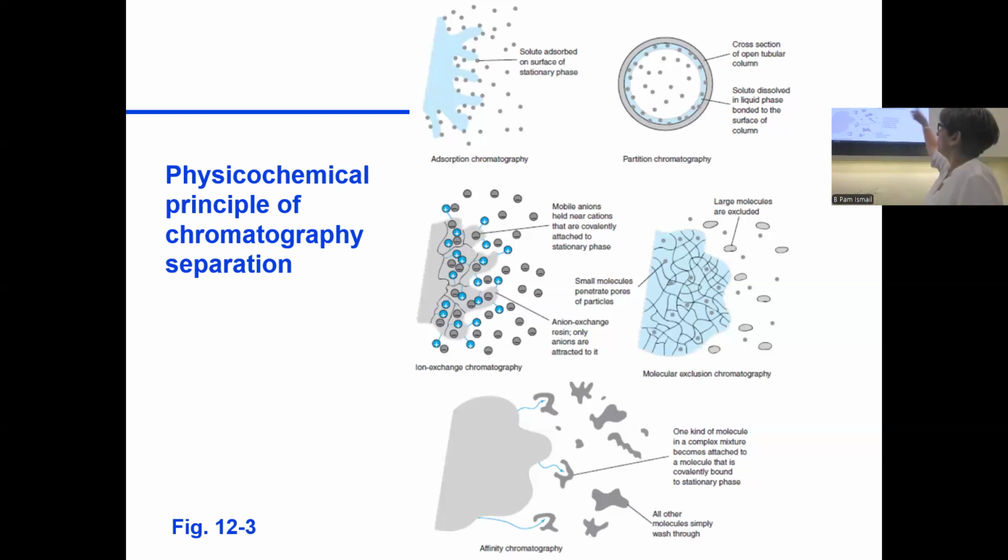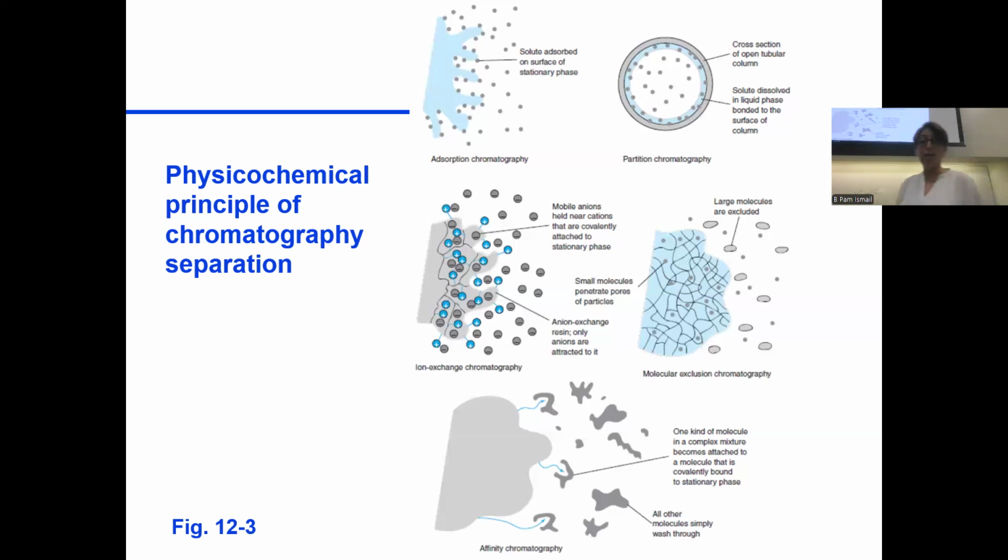You hear it called multiple names, molecular exclusion, excluding based on molecular size. And then you hear it said size exclusion chromatography. So molecular exclusion, size exclusion, gel permeation or filtration all mean the same thing. So it just has multiple names in the literature to confuse you, but it means the same thing.